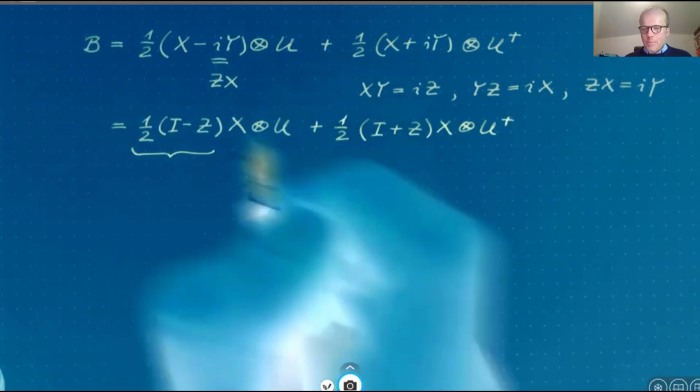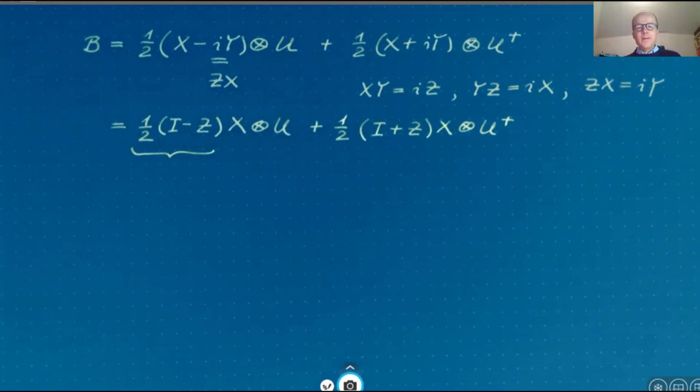Now, if you remember the form of the Pauli z matrix in the standard basis, that's a diagonal matrix with diagonal plus 1 and minus 1. Now, if you take the unit matrix and subtract from that the Pauli Z matrix, then in the upper left, you'll have a 0.